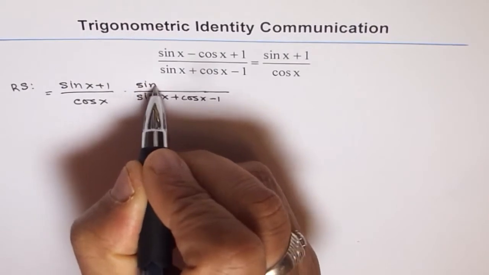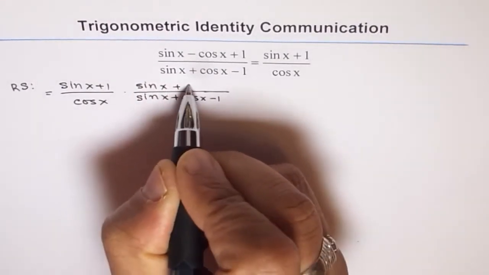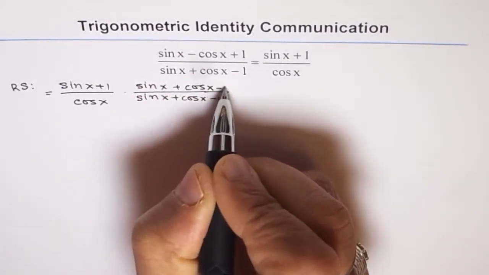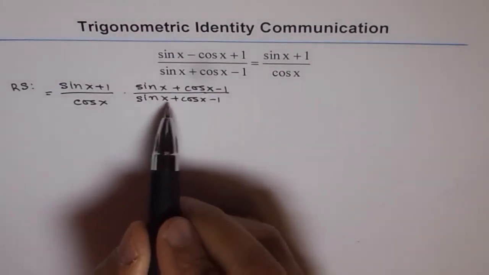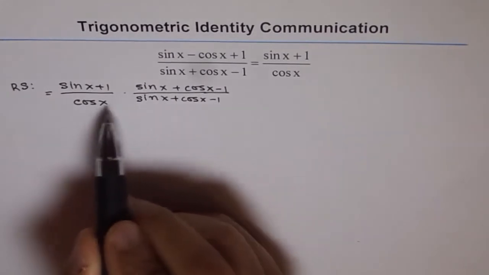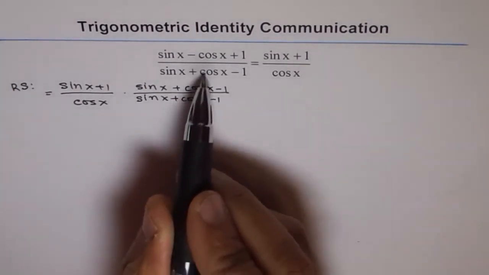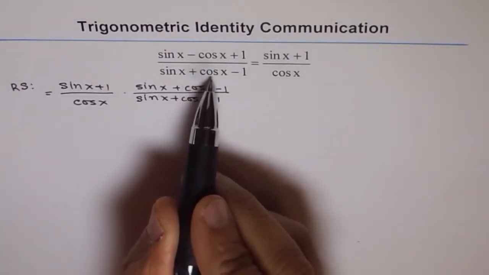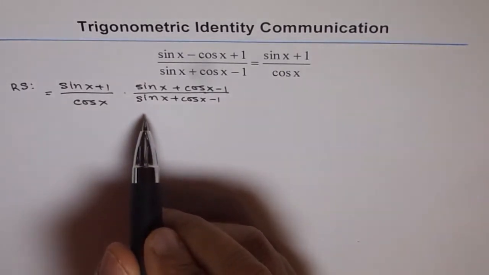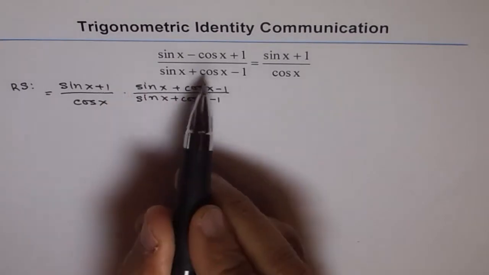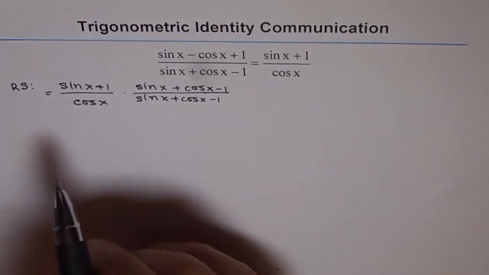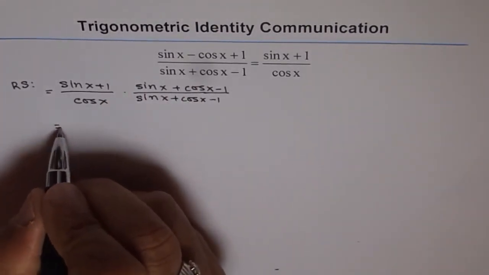So I will multiply also by the same term, minus 1. Now the idea is that I'll just factor this and I will not expand the denominator, because in the denominator I need sin x plus cos x minus 1. And somehow I'll get a factor of cos x in the numerator, which I'll cancel and then get the left side. Let's try to do that.